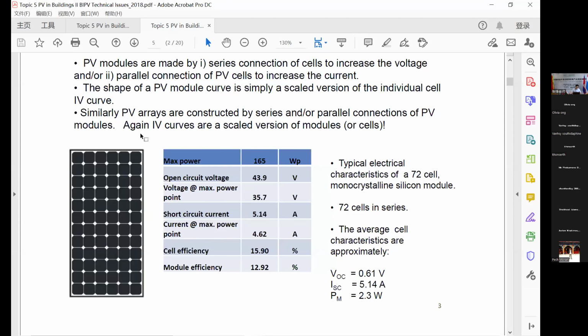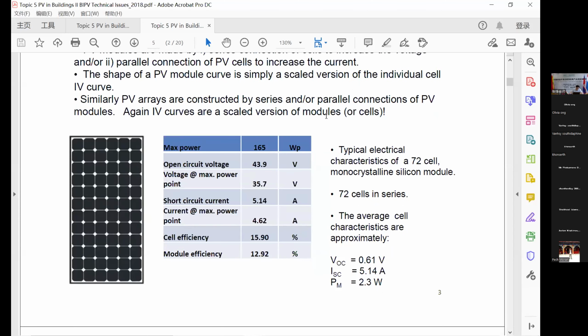For this PV module, we can see that the maximum power is 165 watts peak, and the open circuit voltage is 43.9, and the voltage at the maximum power point is 35.7.